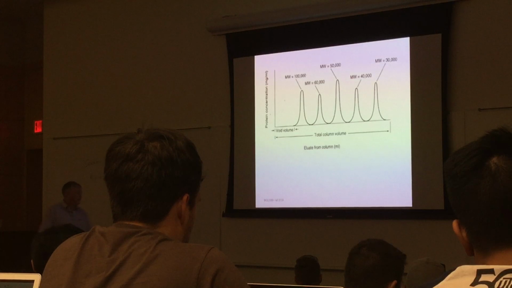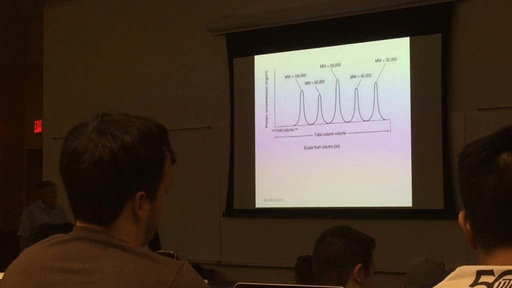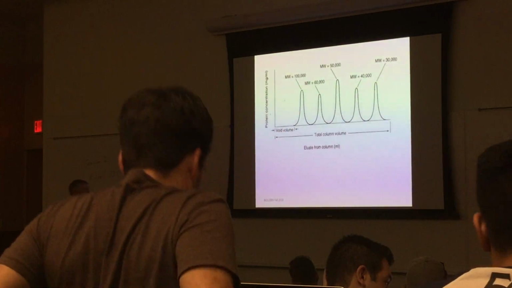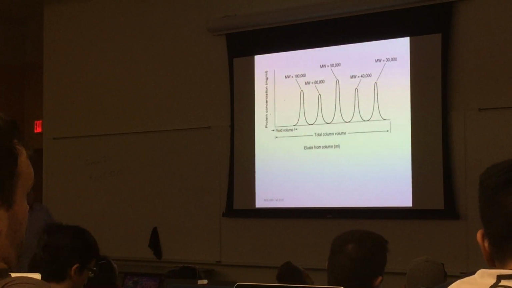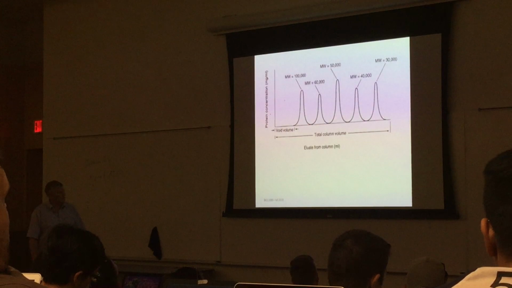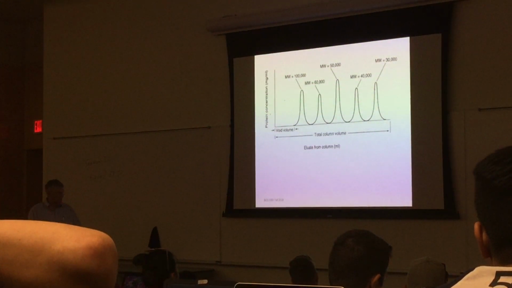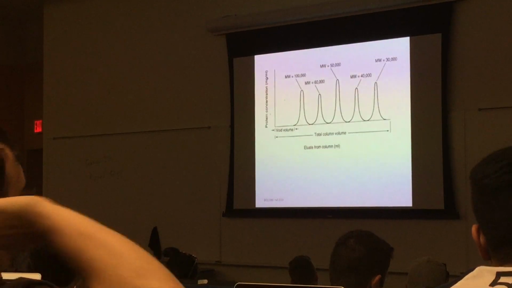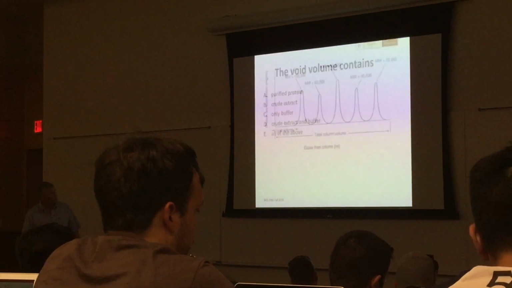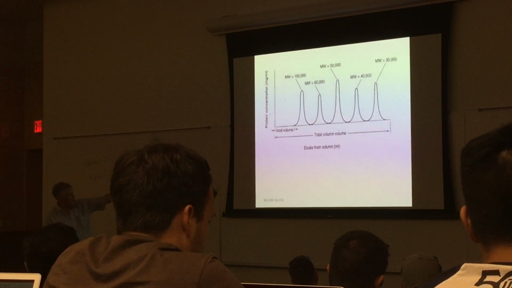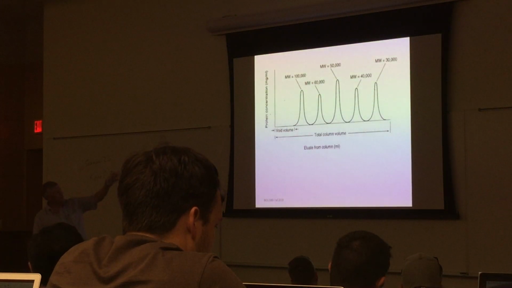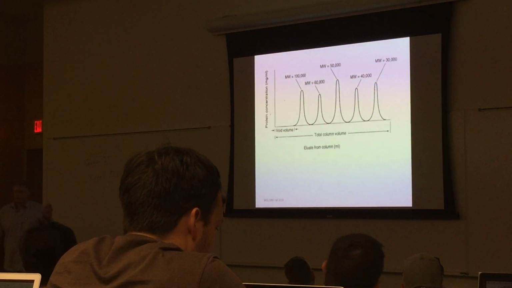So if we look at protein elution coming off of this type of column, on the y-axis you see protein concentration. I'm not telling you how they determine that. On the x-axis you see the total volume, the elution coming off the column. You can see the void volume listed right there. The first protein to come off, size exclusion, is being excluded from the beads.